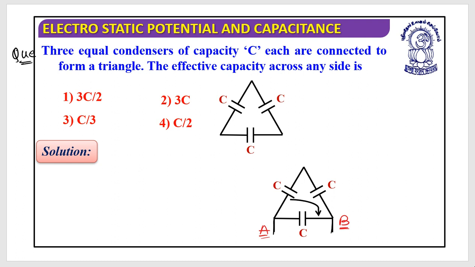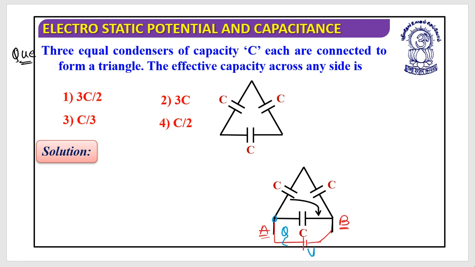As we said, when a certain circuit has been given, I need to find out which ones are in series and which ones are in parallel. If I do this, my task will be easier. Here the battery V is there and the charge is flowing.